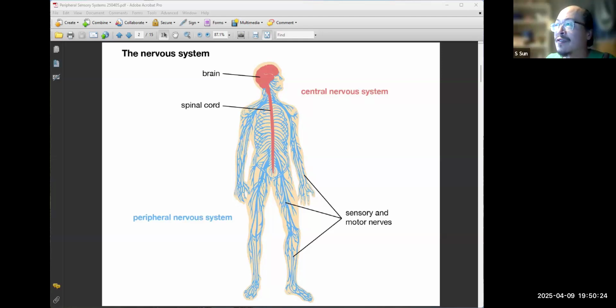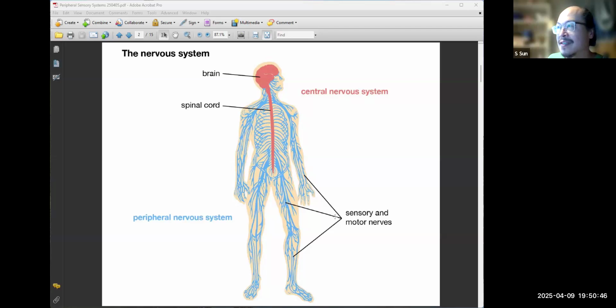For the peripheral nervous system, we have two systems. One is called the sensory system, which gets information back to our brain. It gathers the information of the environment and sends that information to our brain.